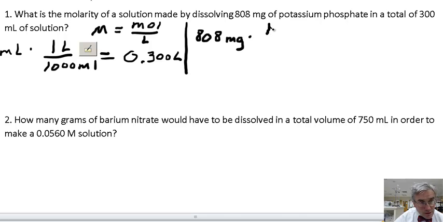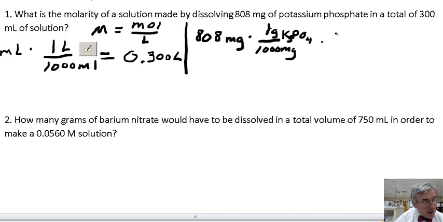It's going to be 1 gram over 1,000 milligrams. That'll give us the mass of K3PO4, potassium phosphate, so now that'll give us the grams of that stuff.